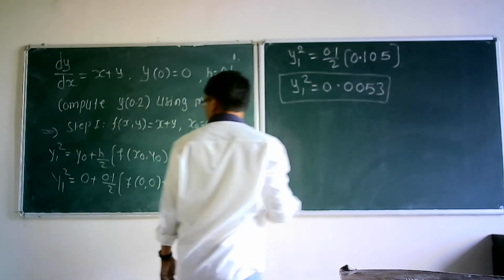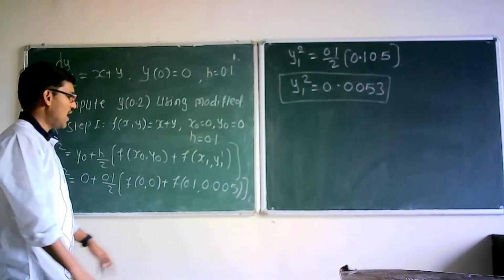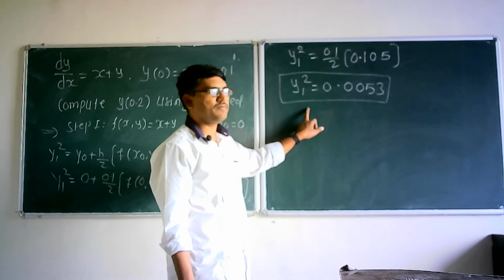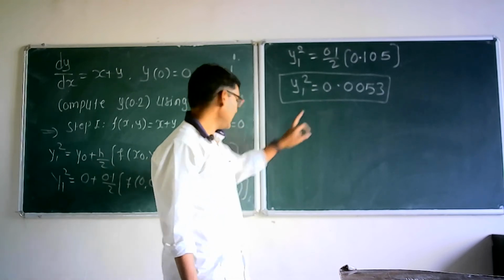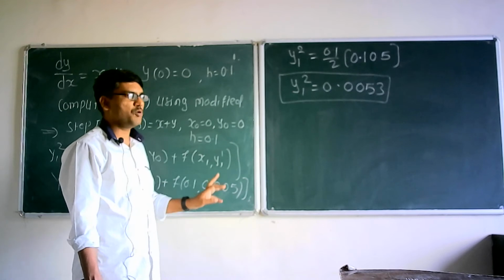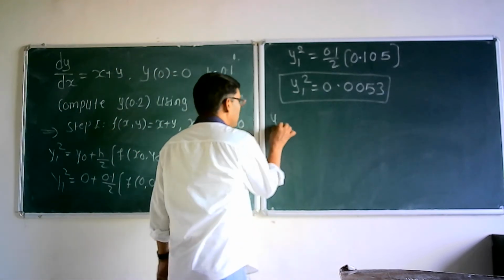Now if you observe, y11 is 0.005 and y12 is 0.0053. So again, these two values are not correct up to 3 or 4 decimal places. So again, we want to determine y13.